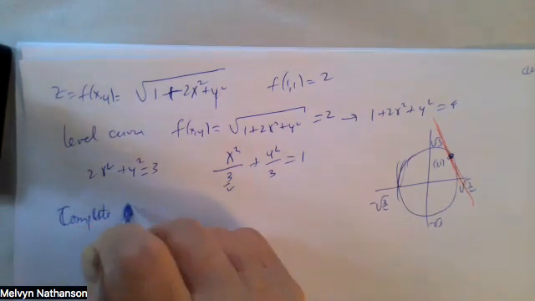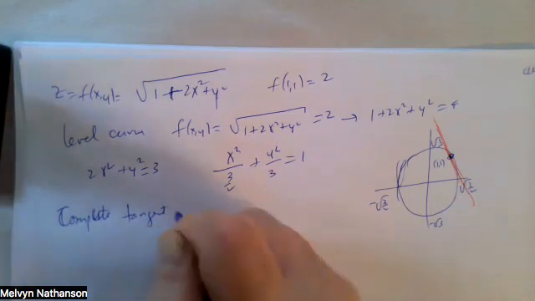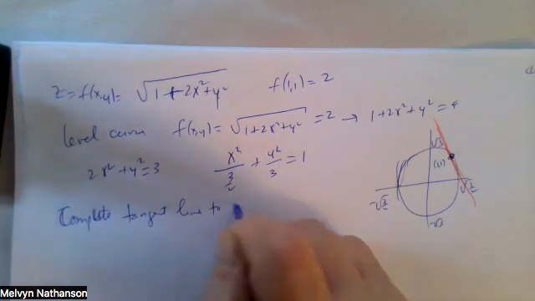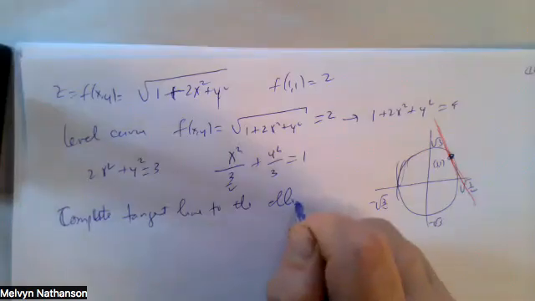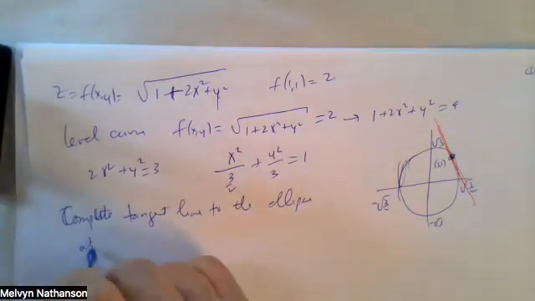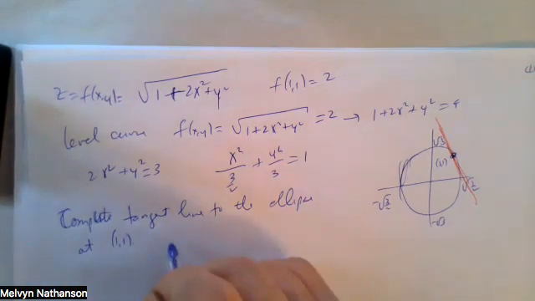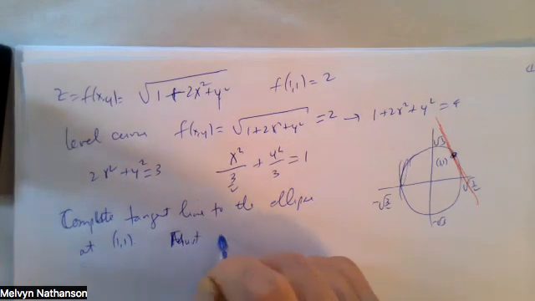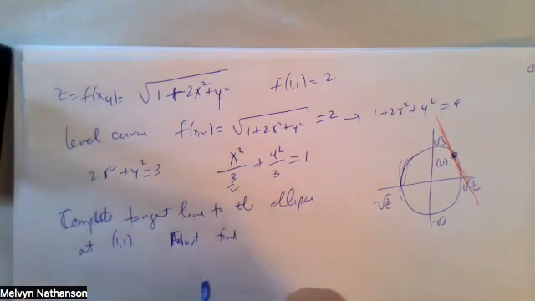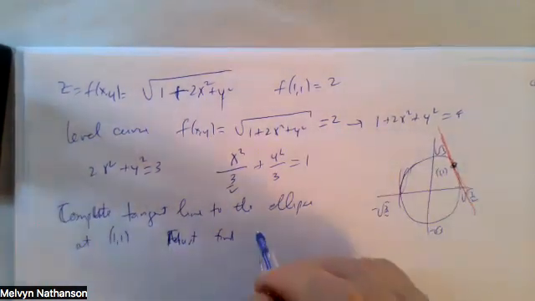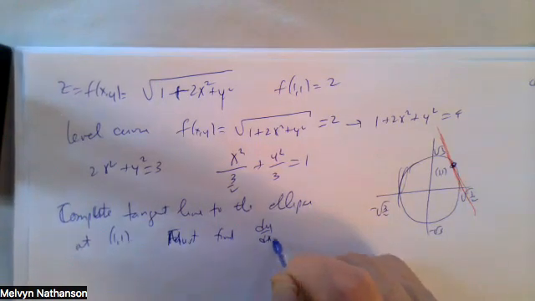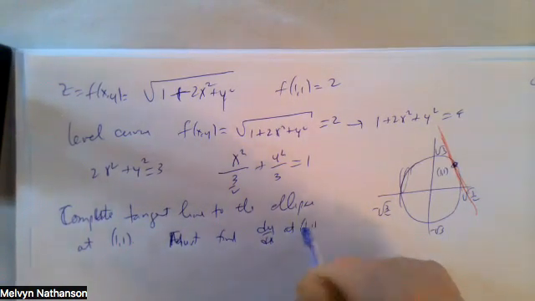I want to compute the tangent line to the ellipse at the point (1, 1). So I must find, if I think of y as a function of x, dy/dx at the point (1, 1).